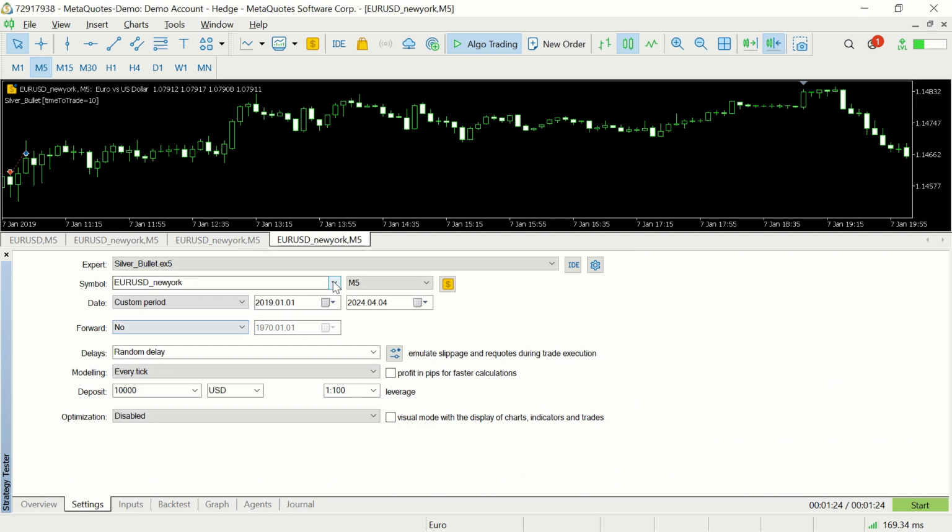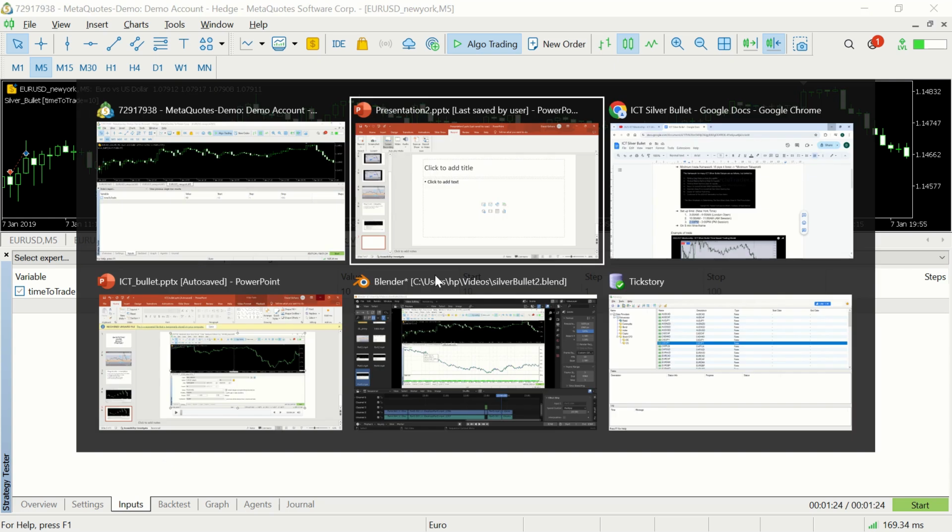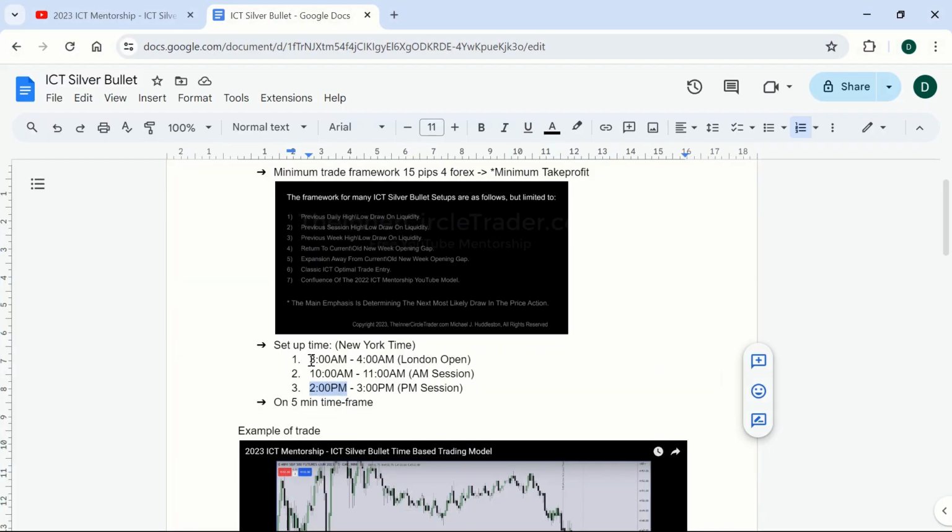So we have only tested one currency. We have only tested one time frame of the 3 that ICT recommended here. So you can still test 3 a.m. to 4 p.m. the London Open. This is what we have tested, and we can still test the PM session.